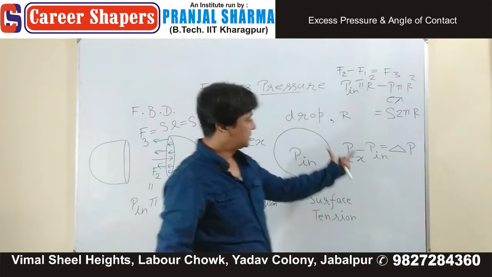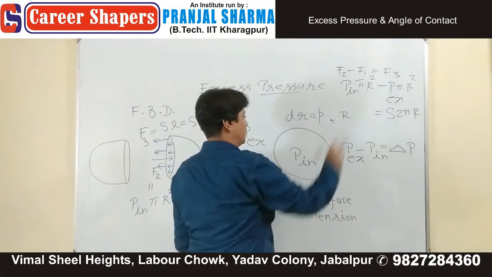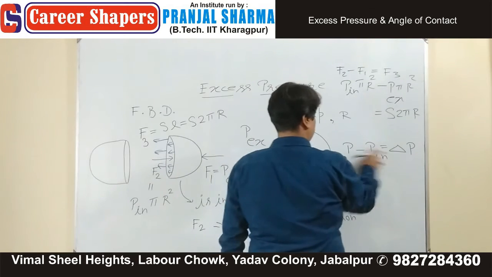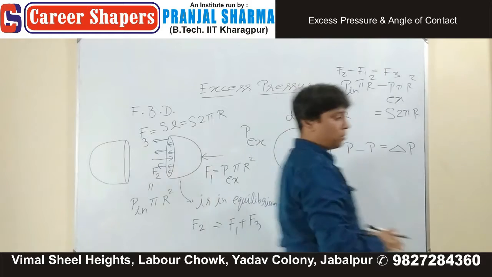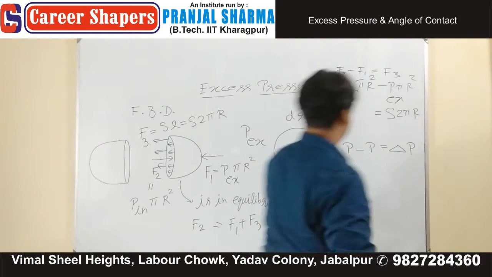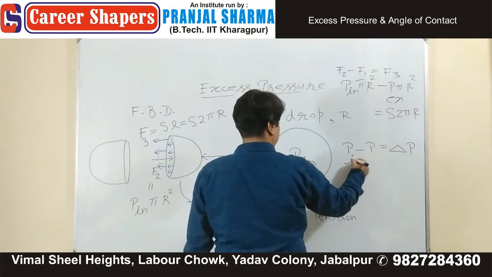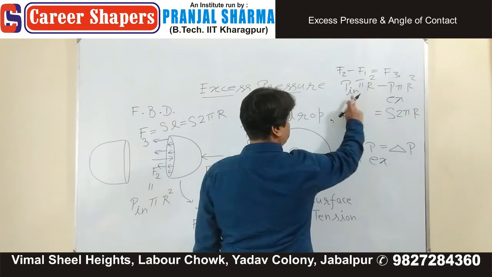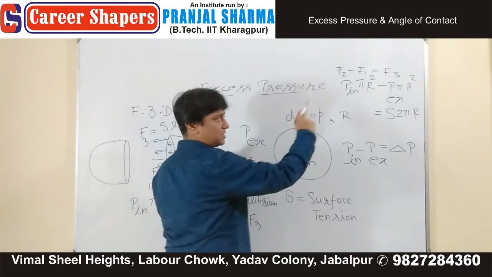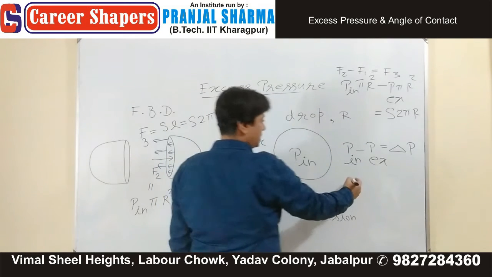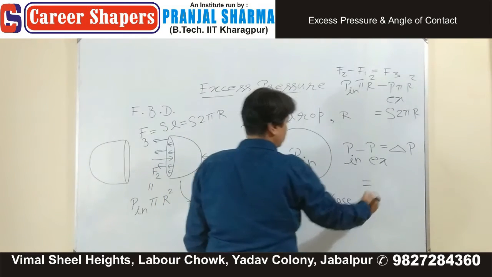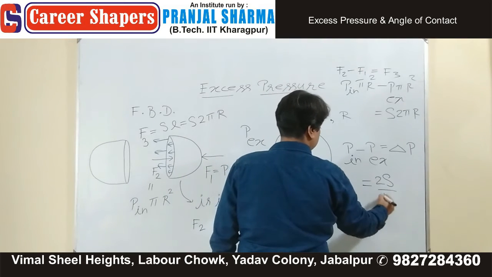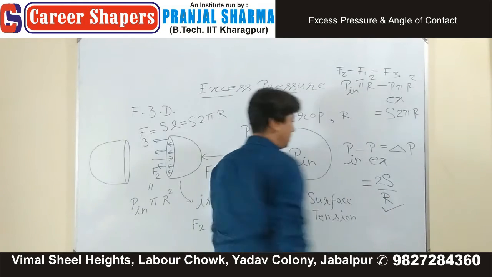We are interested in P internal minus P external. There is more pressure inside. Do the correction: P internal minus P external, pi cancels, r cancels. This is coming 2S divided by r.